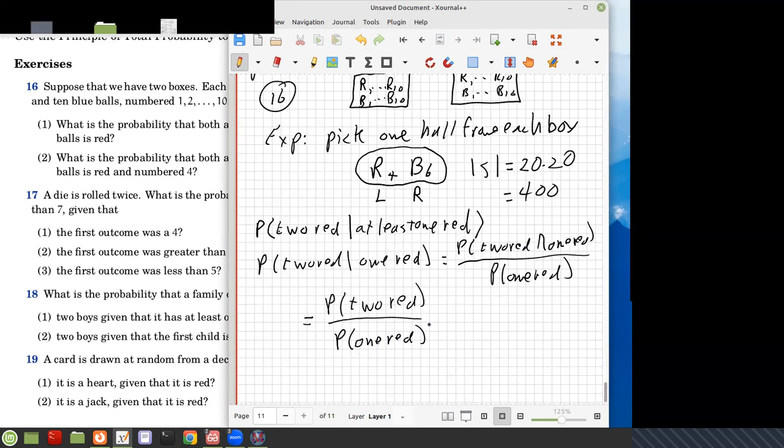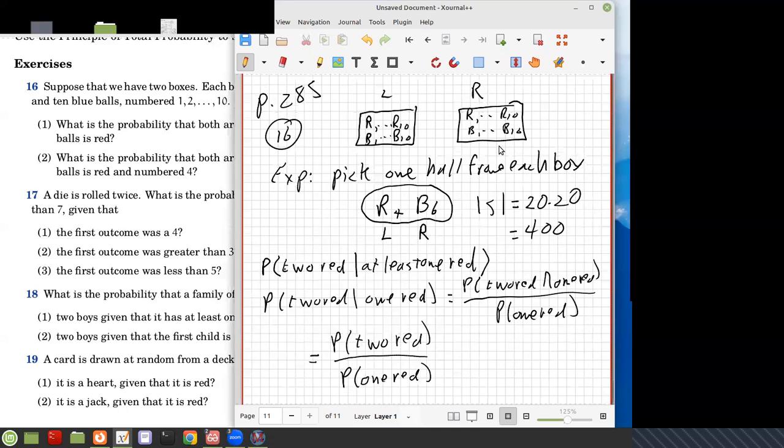So the idea then is to use the law of total probability to figure out what these probabilities are, because you can. So that's the problem that you have to figure out: given this problem, what would be a good partition?